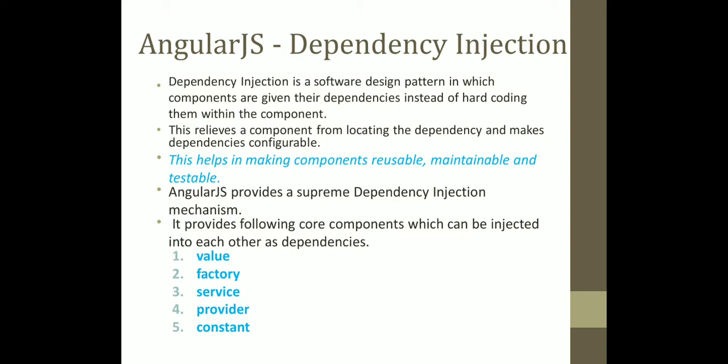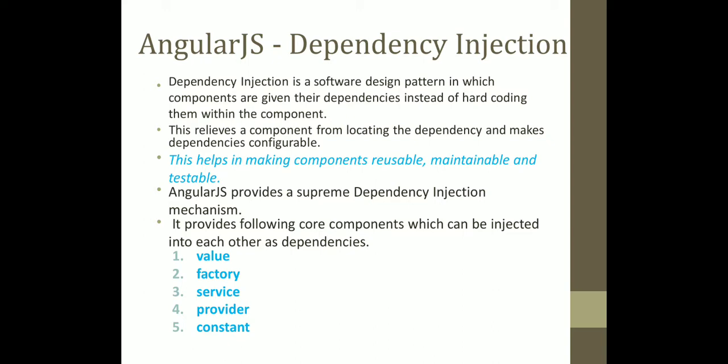And when an application is broken into modules, then it becomes easier to reuse, configure and test the application components. So AngularJS provides a built-in mechanism for dependency injection, and this mechanism will divide the application into various types of components, and these components can be injected into each other.